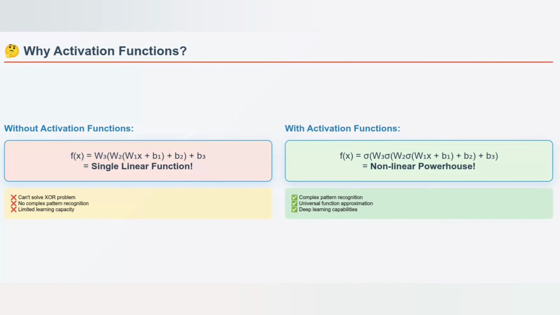That means your super deep network is no more powerful than simple linear regression. This is why we can't solve complex problems like the XOR gate or image classification with just linear functions. We need nonlinearity. Activation functions introduce this crucial nonlinearity, allowing our networks to learn complex patterns and relationships in data.